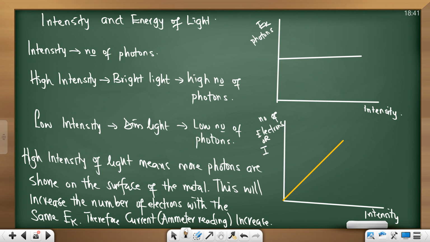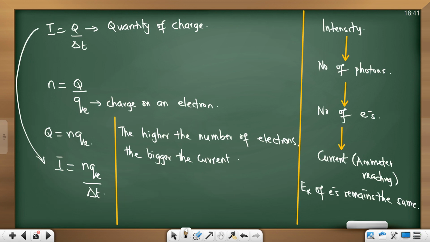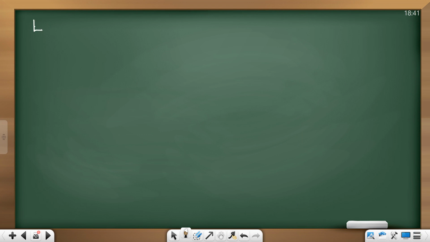All right. What did I talk about now? Intensity. Let's talk about the energy of light. Wait, what affects energy? Let's go to our formula. E equals to what? HF. What affects energy? The frequency. Is that okay?